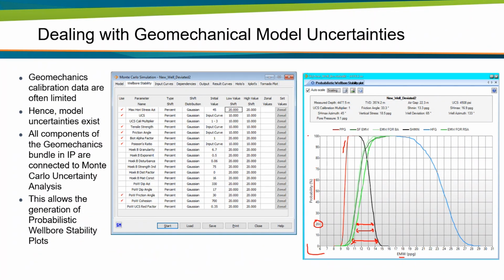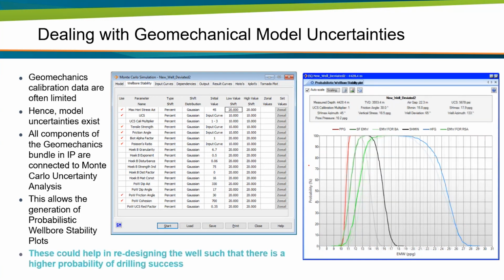There's still a 30% chance that something is going to happen in your wellbore in the form of breakouts, collapse, or mud losses. But with redesigning the well and properly taking into account these uncertainties, maybe you can reach a mud weight where you have 90% probability of drilling without issues, right?